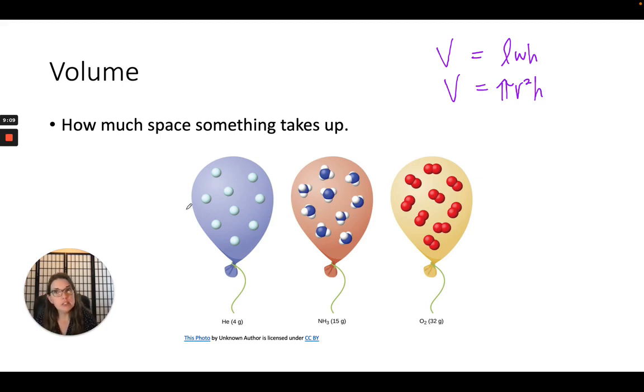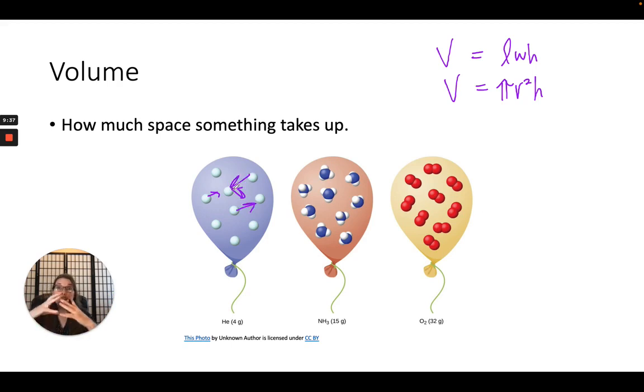We're going to see in this unit that the temperature and the pressure of any gas has an effect on the volume. For example, I have some example balloons right here, and each balloon has a certain amount of space that it's taking up. But if I were to put this balloon into very warm water that was almost boiling, the balloon is going to expand, because each of these molecules or atoms is going to start moving faster and faster.